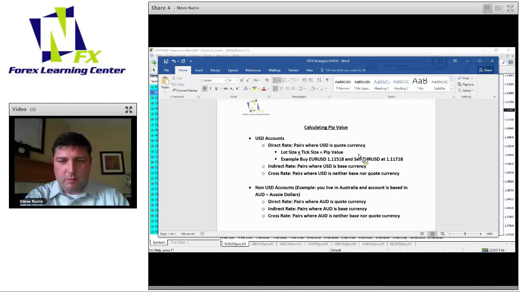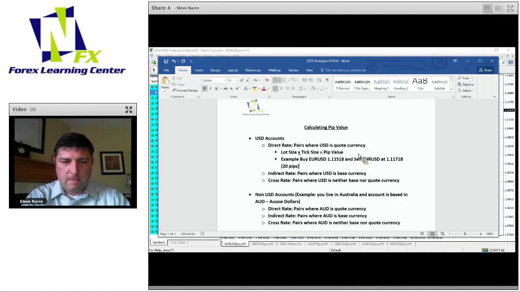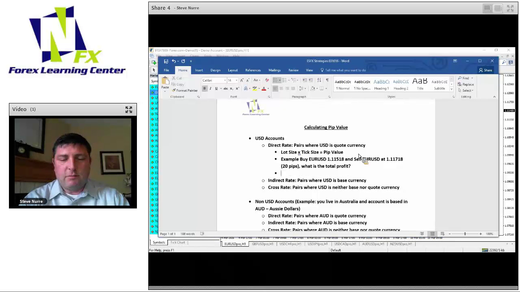We'll just say we made 20 pips. What is the total profit? In this case, because it's a direct rate transaction, let's say we buy one micro lot on this EUR/USD pair.